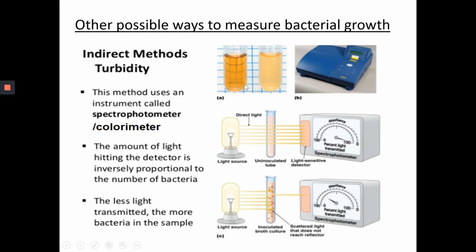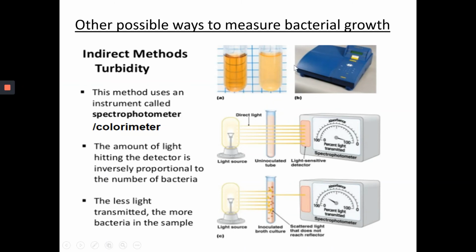The cloudiness indicates the amount of bacteria in the nutrient broth. Afterwards, you incubate it for 24 hours, and we expect the broth to become more cloudy, because the bacteria has multiplied and cells have divided a lot. By measuring the differences in cloudiness, we can indirectly measure the bacterial growth.